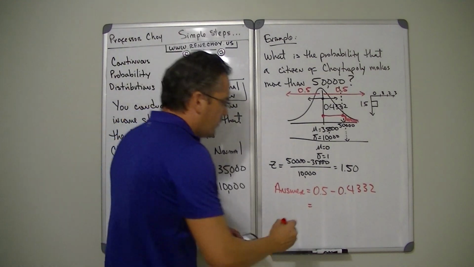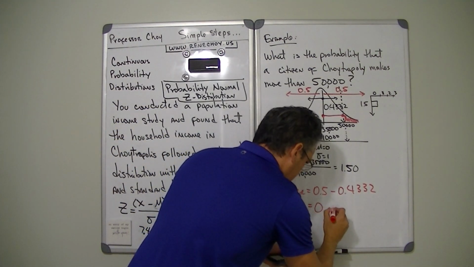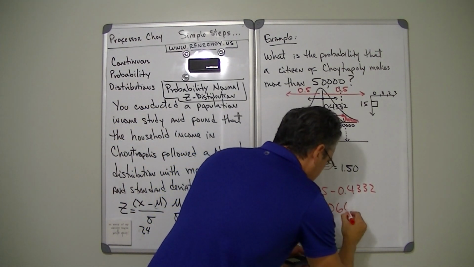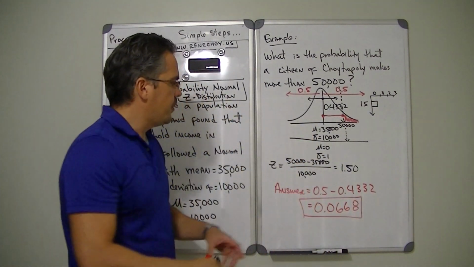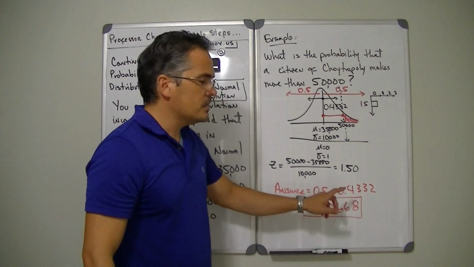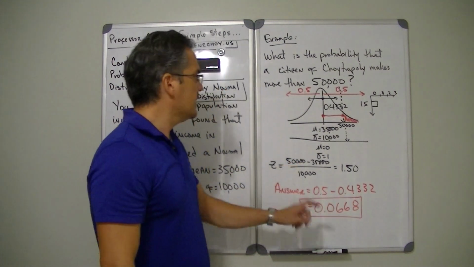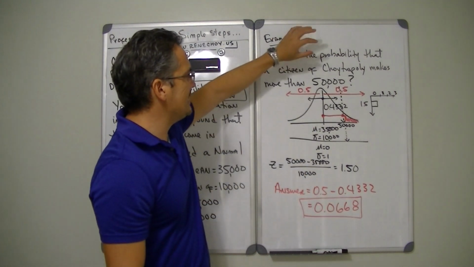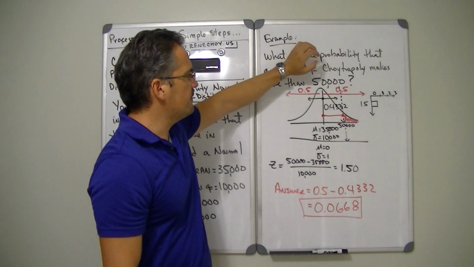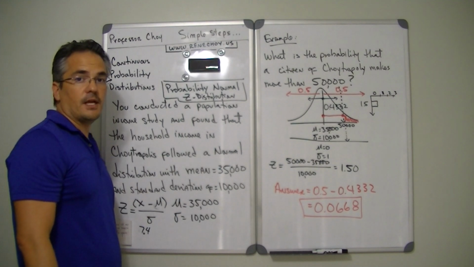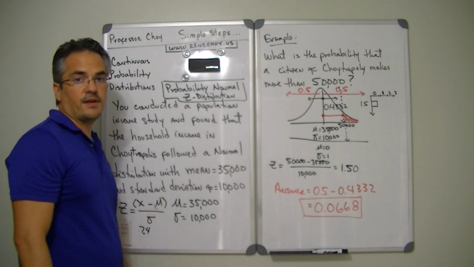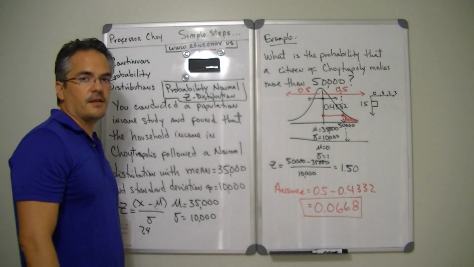So the answer to my question is 0.0668. And 0.0668, or 6.68%, is the probability that a citizen in Choitropolis makes more than 50,000, according to this data that we found. And again, the data is fake, but that's the data.